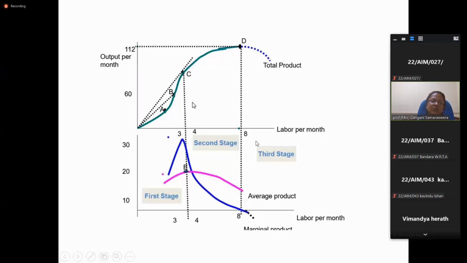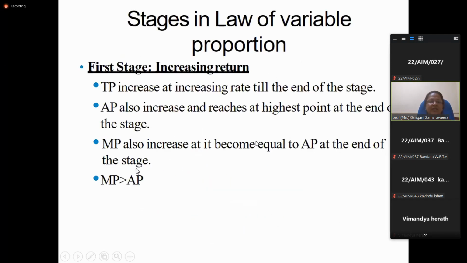So everything you can see after seeing the graph. That's what we explain here: marginal product is more than the average product. Clear up to now? First stage? Or any question? No, madam. Oh, great.